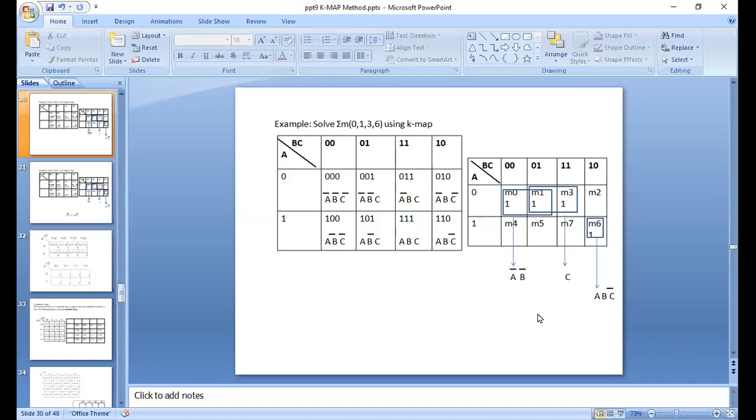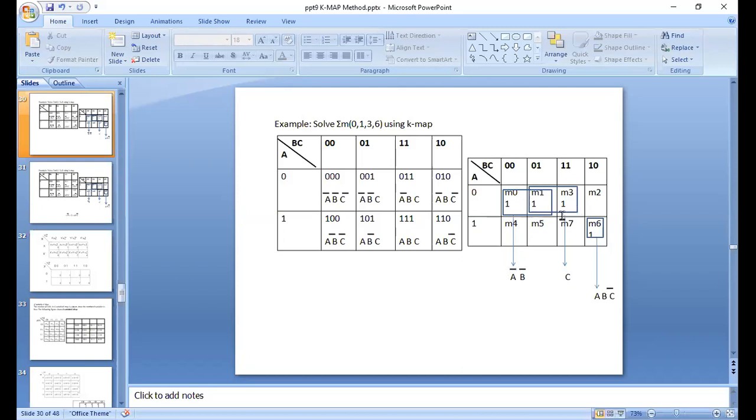So the group value is A bar, B bar. I hope now you understand. The row value multiplied by, because it's a product term that you have to take cumulatively, the common variable from the columns. Common variable from the columns is B with 0, so that is B bar.